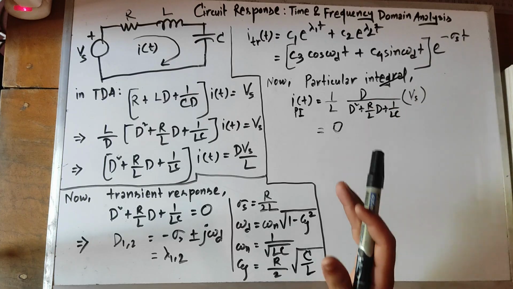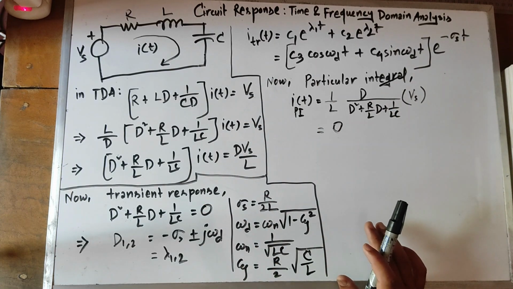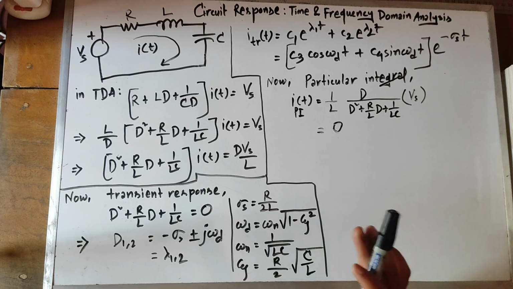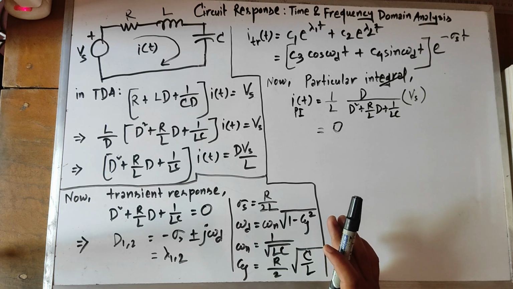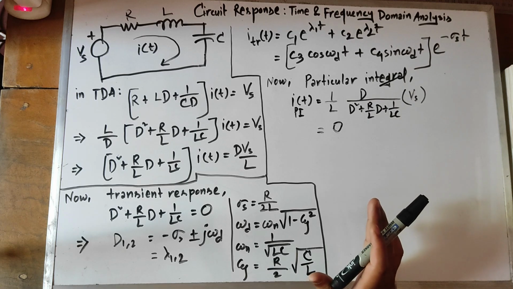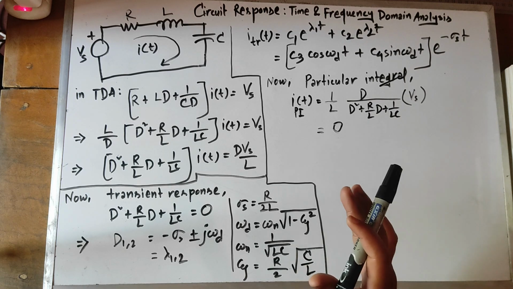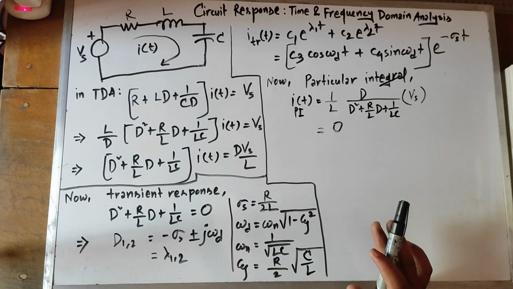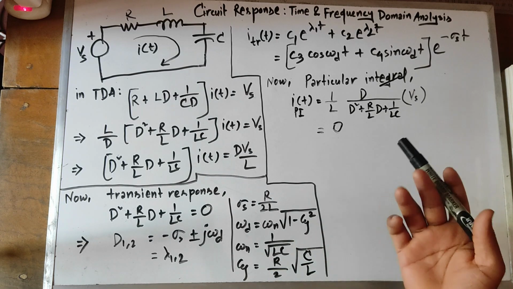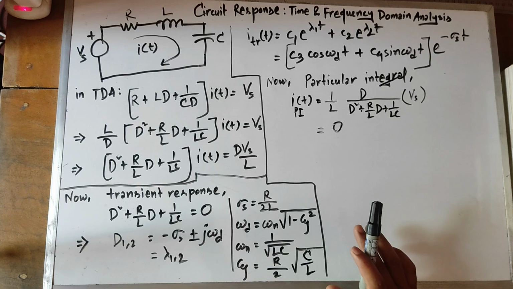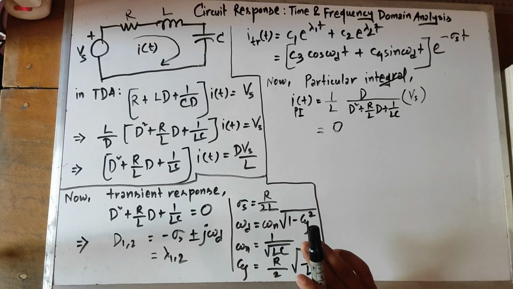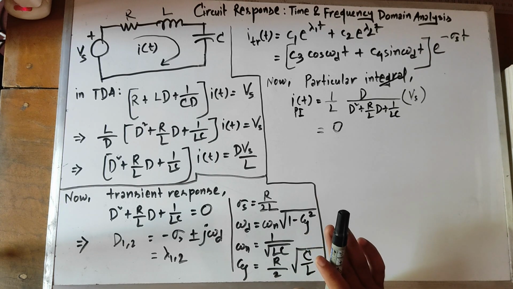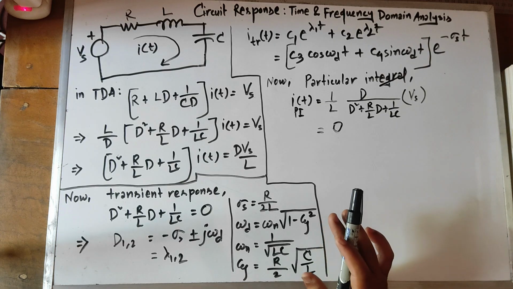As you can see, I have already done some basic elementary derivations in shortcut, because I have already done the transient response derivation in detail in my previous videos. So go and watch those videos if you don't understand this shortcut derivation. I'm going to go straight to it.